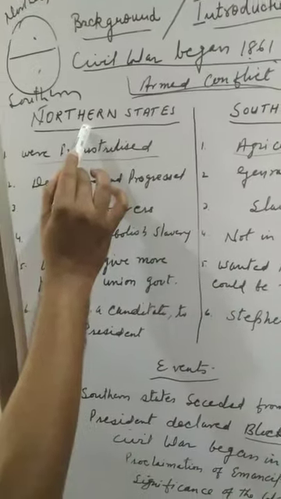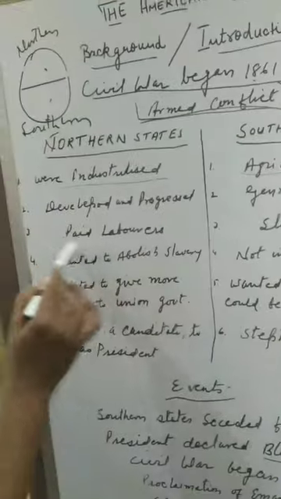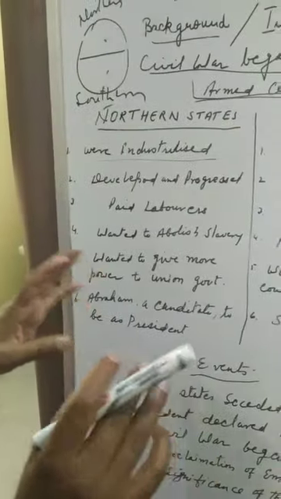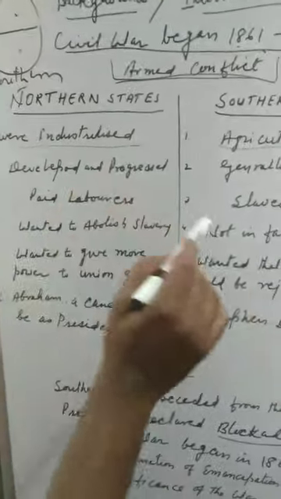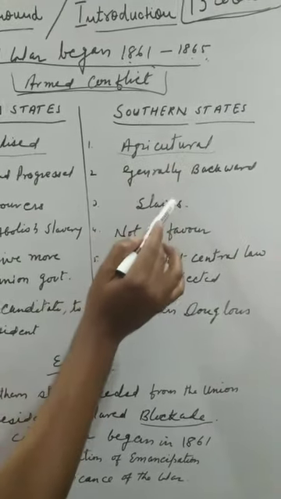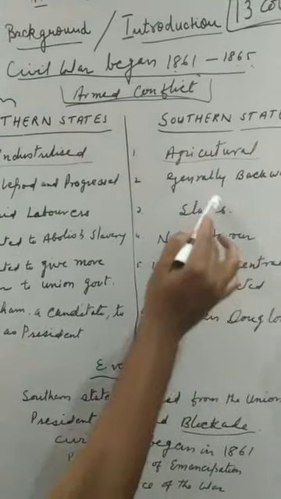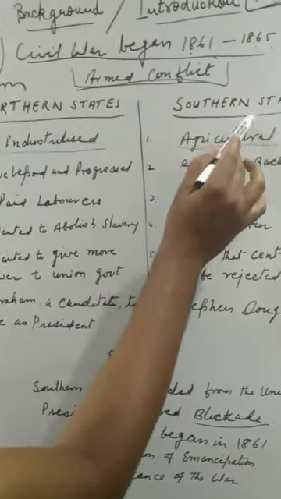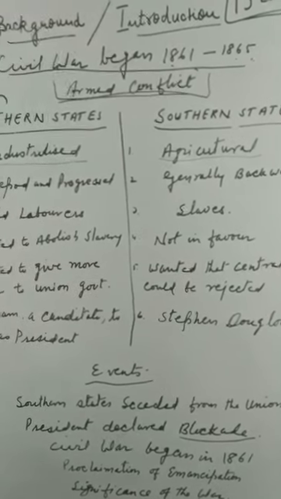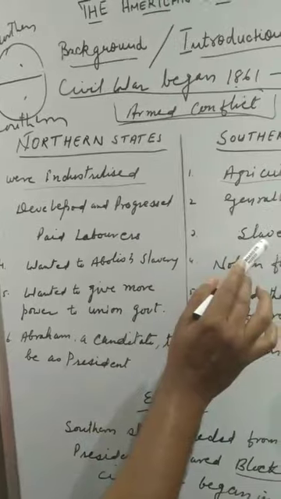In northern states, slavery had been abolished. There were paid laborers, paid with handsome salary and wages. Whereas southern states still practiced slavery. There were slaves to work in the fields of the southern states. They did not want to abolish slavery, whereas northern states wanted to abolish slavery.